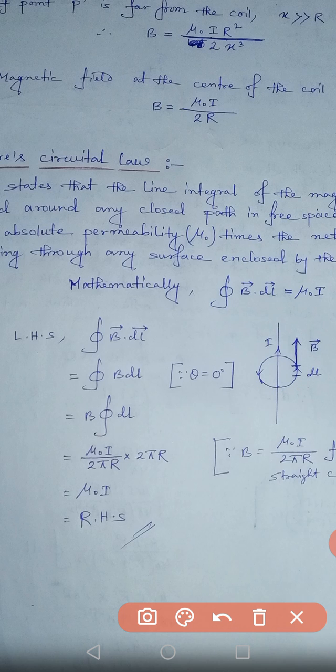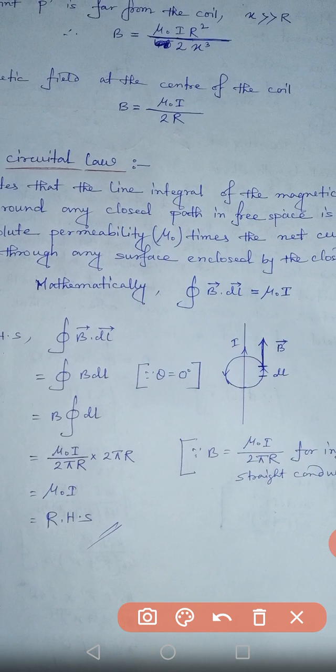By the curl of our four fingers we got that the direction of B is like this at this particular region. So here B and dl are in the same direction, so the angle between them is 0 degrees. Since it is a dot product, it should be B dl cos theta. So theta 0 means cos theta will be 1, so it is B dl. B comes outside the integration, inside the integration we have dl.